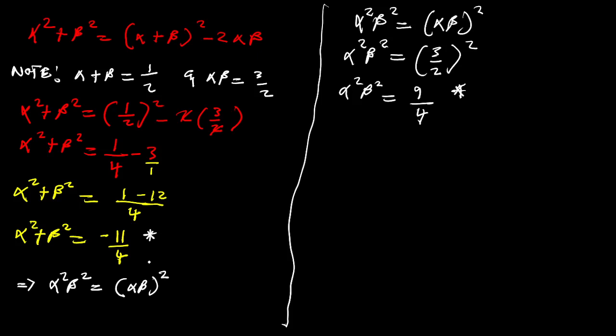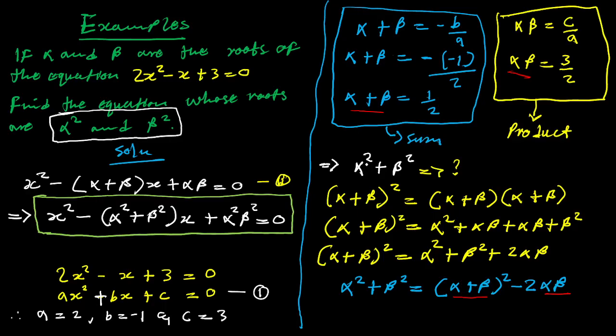So when you have this one, you also have that one. You now need to go back to the question. The question is find the equation. So according to the equation, this is what we have. So I'll write equation.